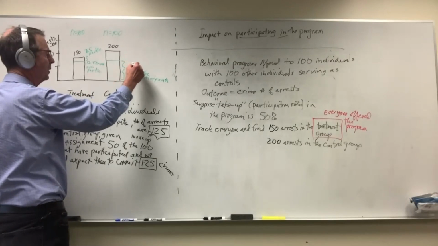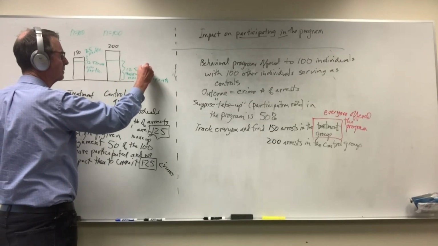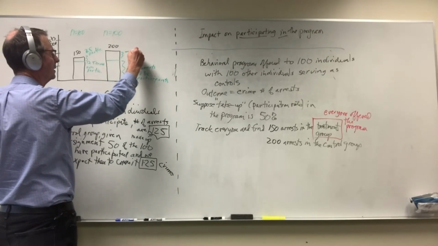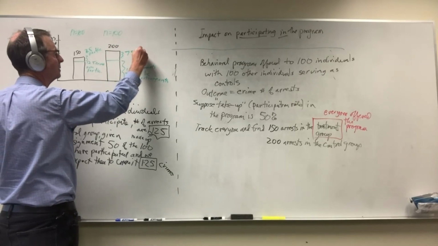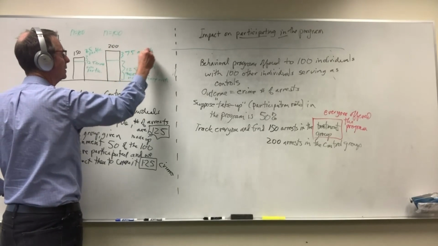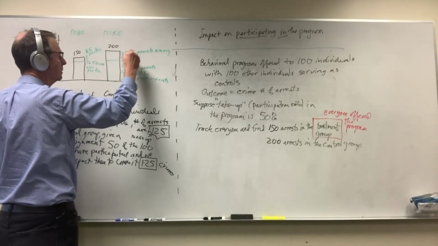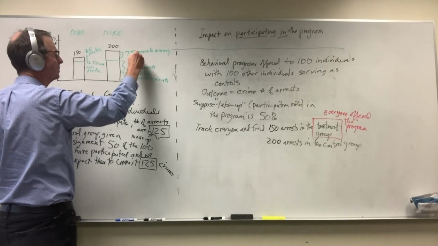We've got 125 arrests among would-be non-participants and 75, right? The difference up to 200 among would-be participants.